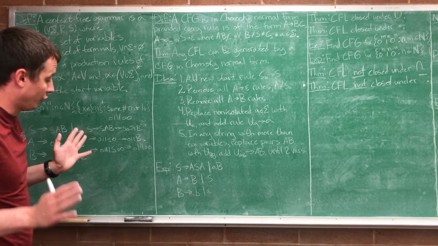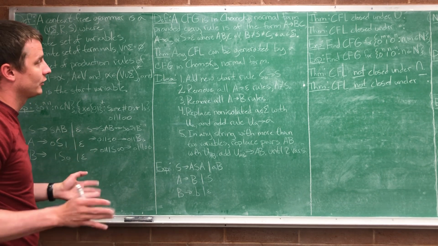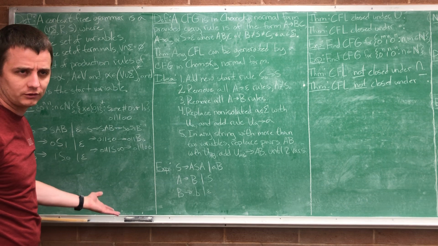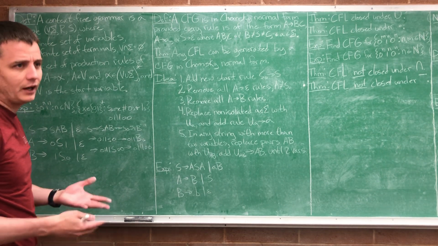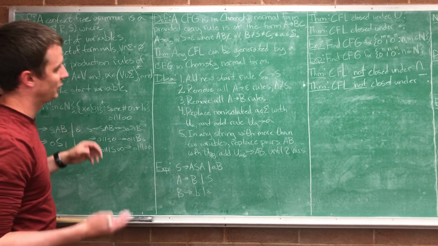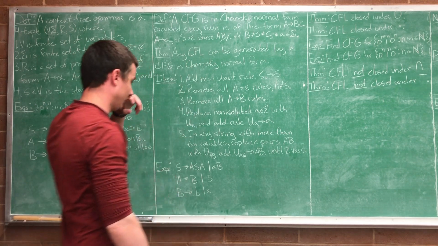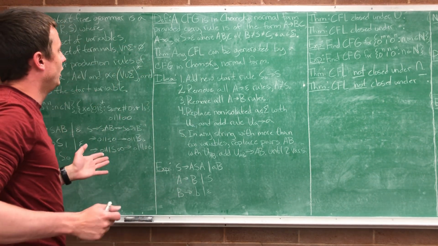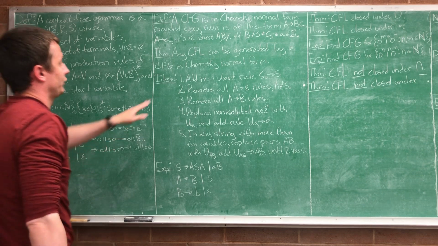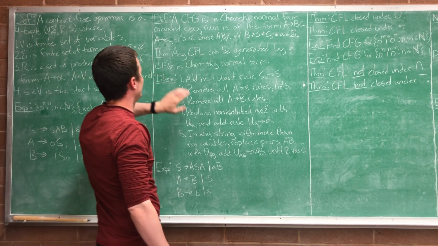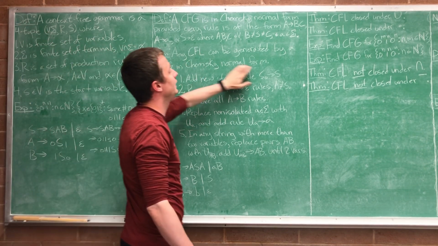And the reason that we love Chomsky normal form is because it's a grammar that's really easy to prove things about. If you have a grammar in Chomsky normal form, it just has some nice behavior. We'll see what that nice behavior is in a second. But I'm going to give you some intuition for how every context-free language can be generated by a context-free grammar in Chomsky normal form.